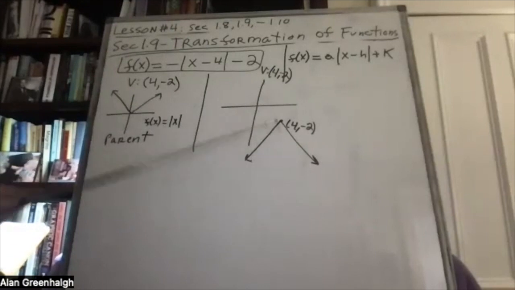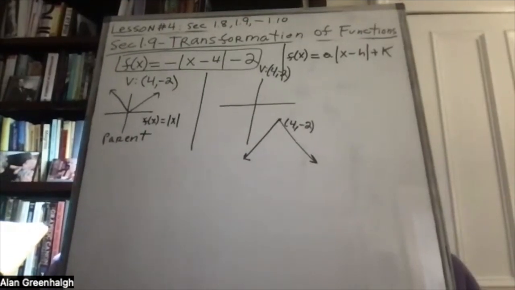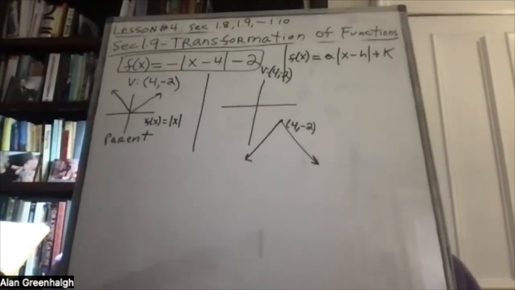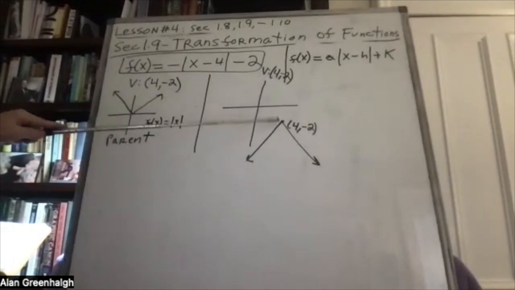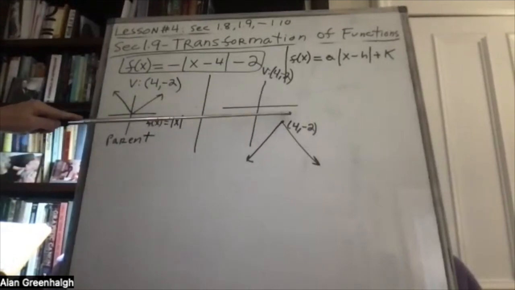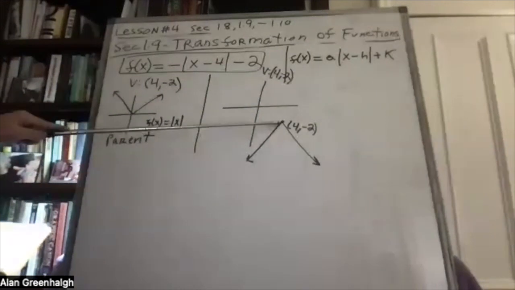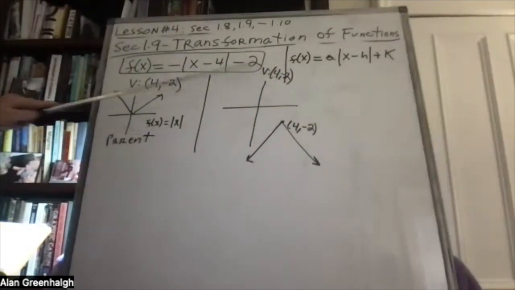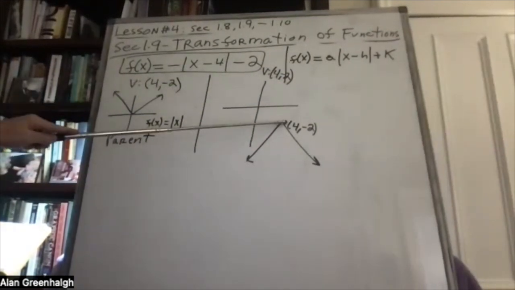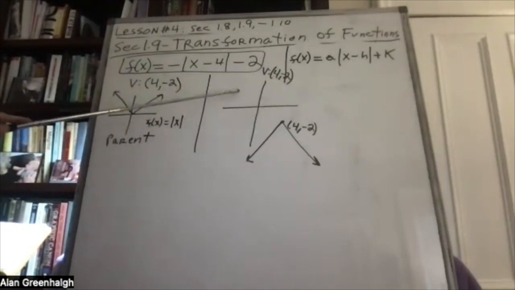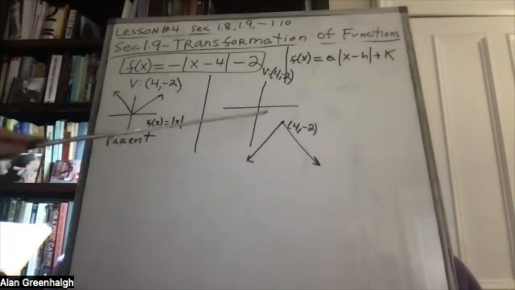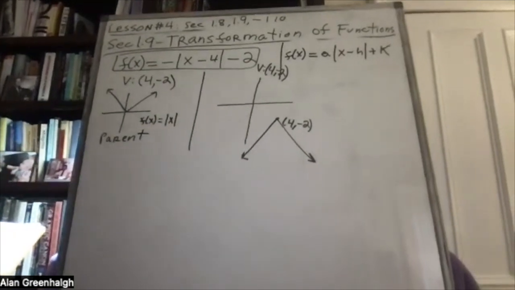They save that for a concept that we'll be talking about in chapter 2. But I like it because the vertex kind of tells us that that's the starting point. So the starting point, the vertex, is at the point 4, -2. And normally we just would have drawn the graph, except that there's a negative, which means it's upside down.